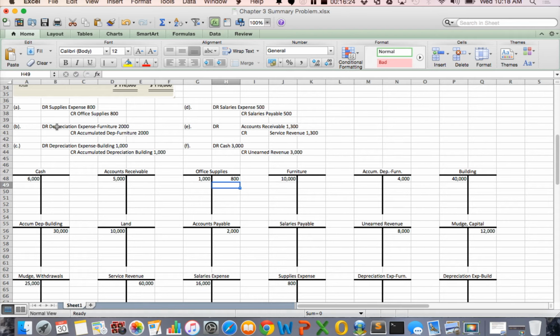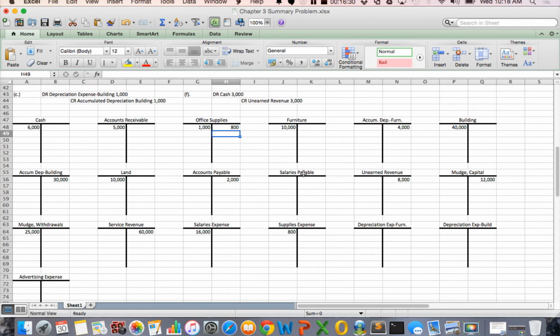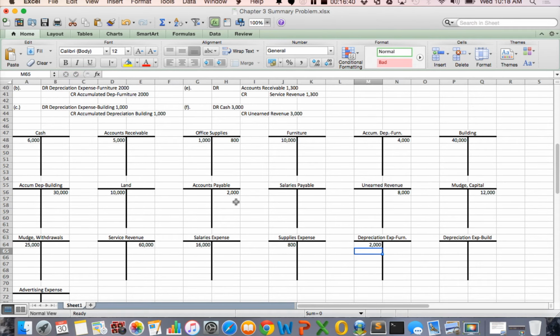Transaction B starts with a debit to depreciation expense furniture for $2,000. I find depreciation expense furniture, and I put a $2,000 debit on the left side there. Then credit to accumulated depreciation furniture for $2,000, right side.